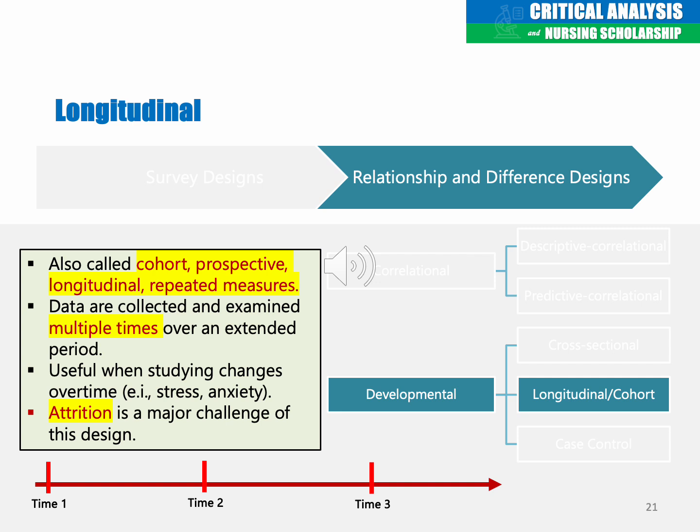Now, this design is very important if our goal is to observe how specific behaviors or variables develop or change within the same people, for example stress, anxiety, or knowledge. And we want to see whether these variables change over time.